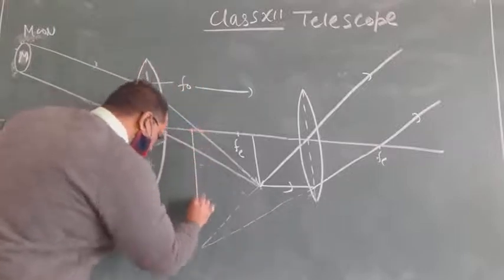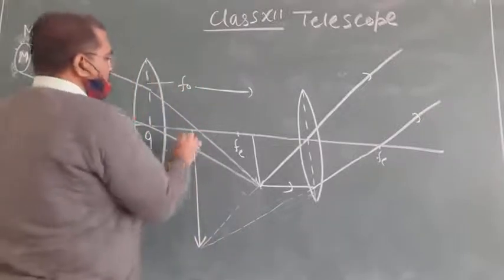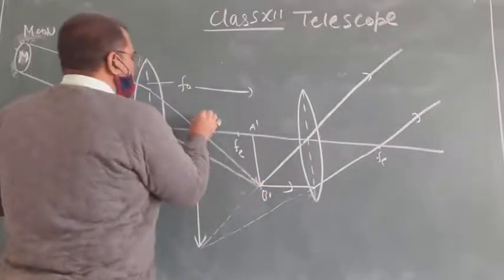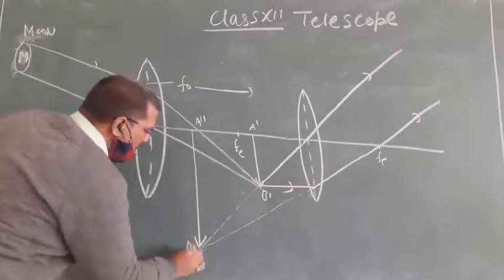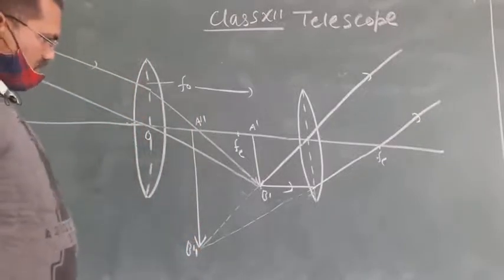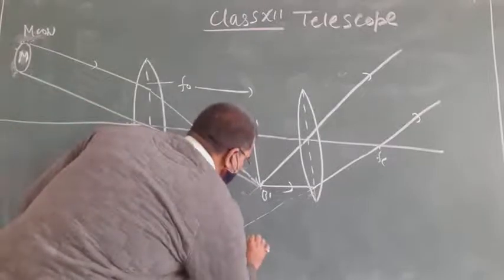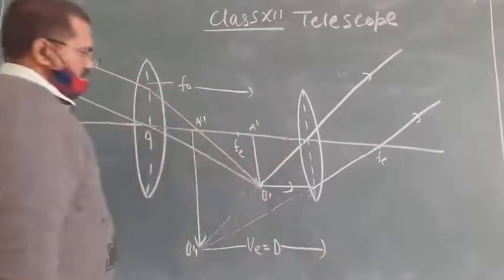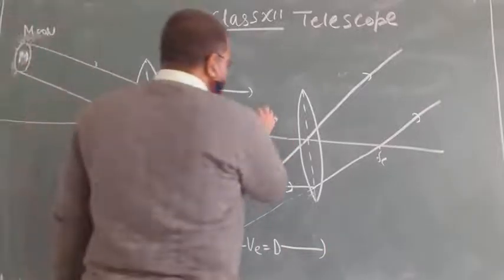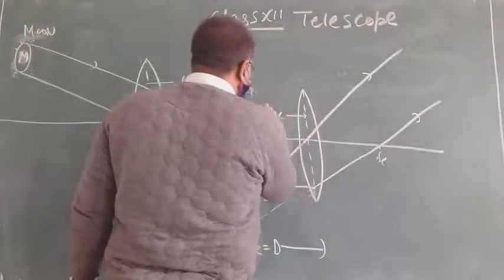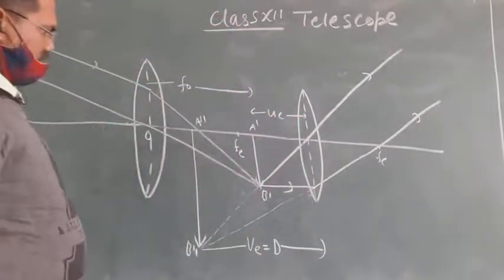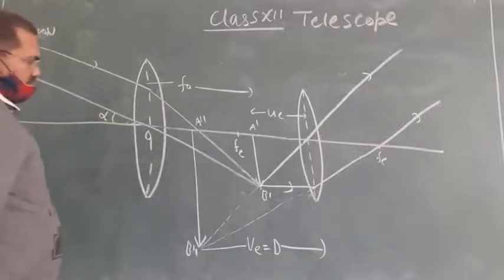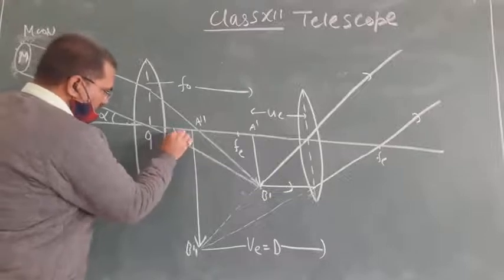So this will be the image, a magnified image. You can say this is A dash, B dash. Then you can take here A double dash, B double dash. This is B. This is called U. This angle will be alpha. Vertical opposite angle, so this angle is also alpha.